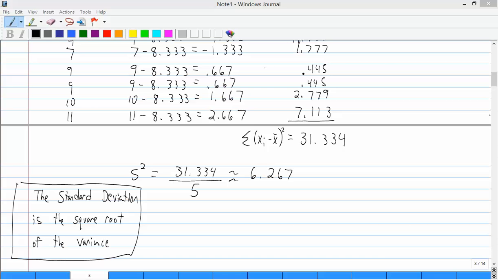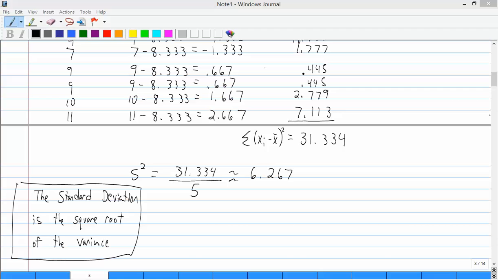Okay, so if you were to look at these formulas on your formula sheet under Chapter 4, the formula sheet that comes with the book, then you'll see sample variance, population variance, then you see sample standard deviation and population standard deviation.